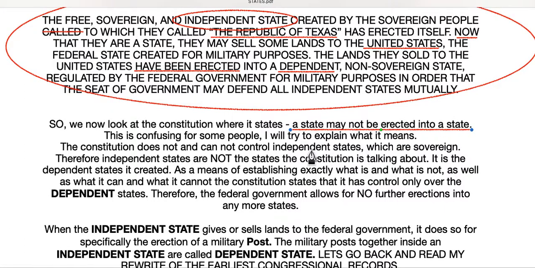It's kind of confusing, but remember, the Constitution is only talking about dependent states. It's military forts. So it's saying that any state it creates cannot be erected into a state, an independent state. So a dependent state cannot become an independent state.